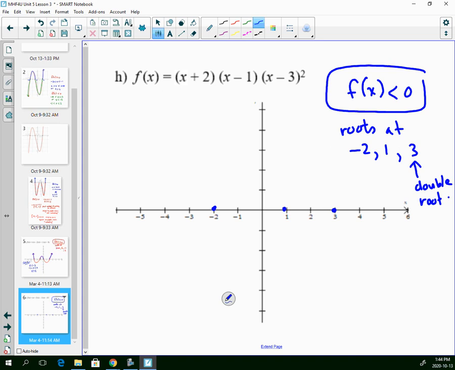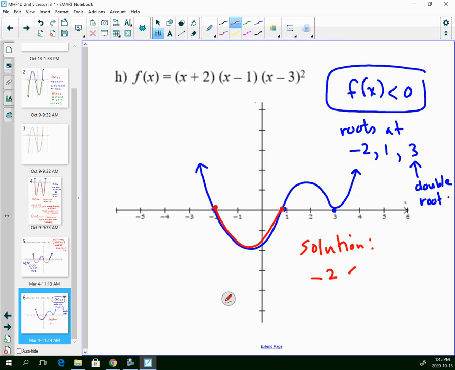It's an even degree with a positive leading coefficient, so both ends should go up. It's going to pass through this one, go through that one, double root, so turn at that one and go up. So the sketch looks something like that. I don't care where it turns, I just want to know where it is below, and it's below right here, between -2 and 1. So if I draw a sketch, it's easy to answer the question.